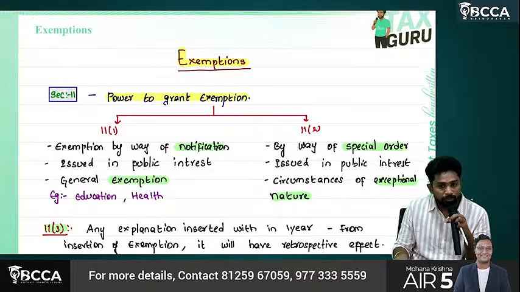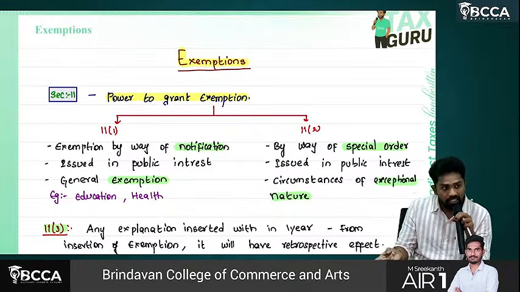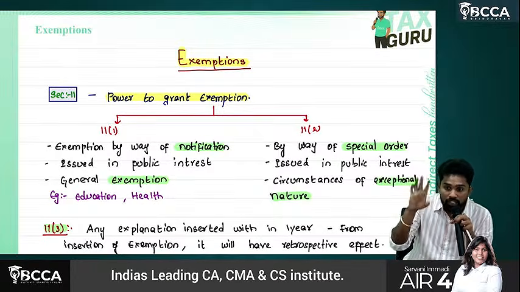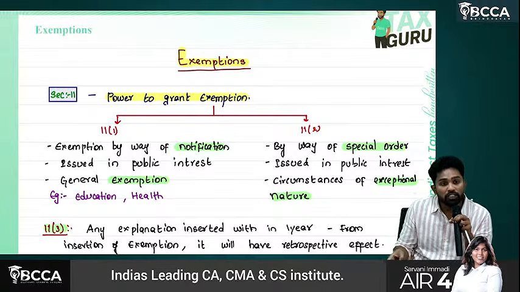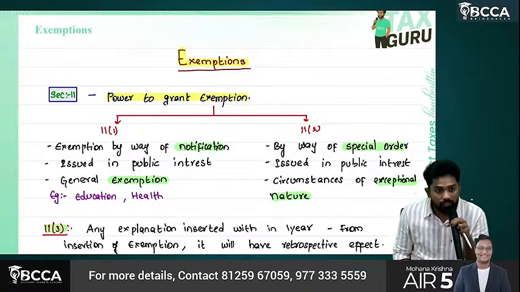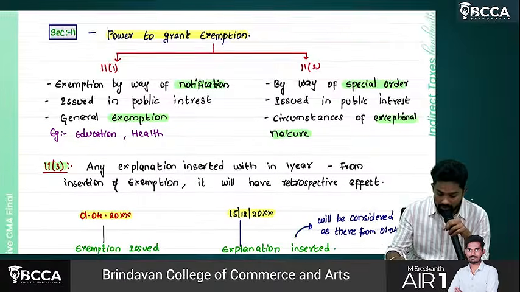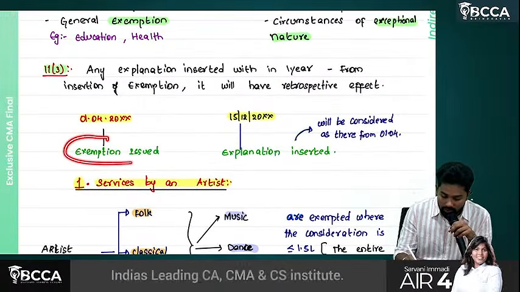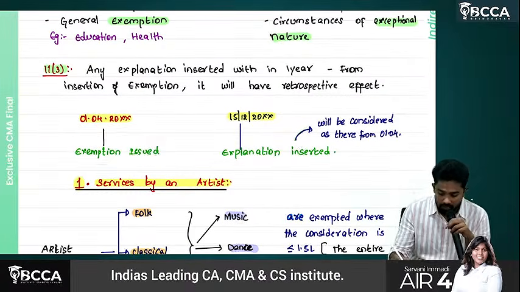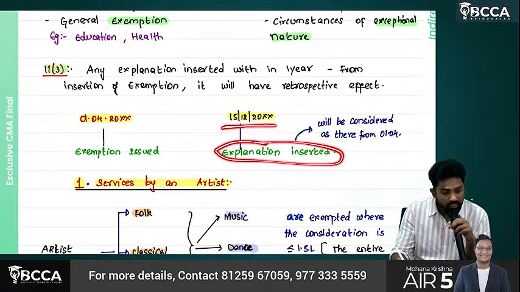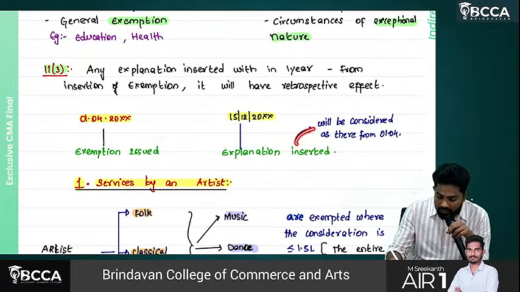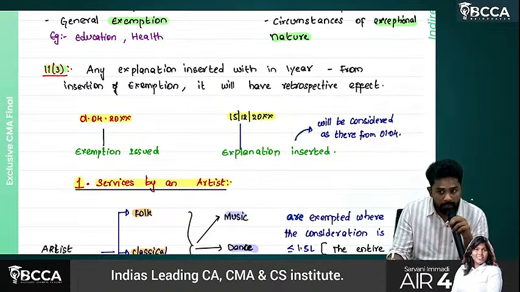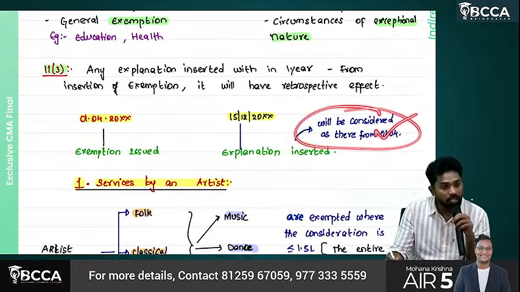Even though the explanation is introduced at a later date, it will have retrospective effect, provided it is issued within 1 year from the date of issue of exemption. See here, sir, exemption issued on 1st April, whereas explanation issued on 15th December, but still this explanation will be considered as if it is there from 1st April.